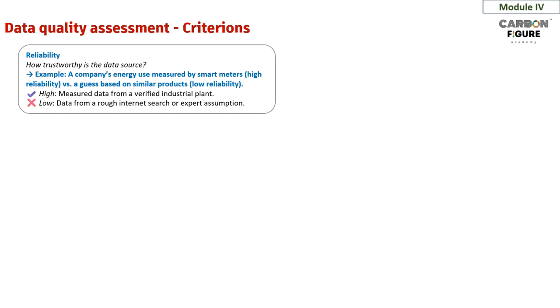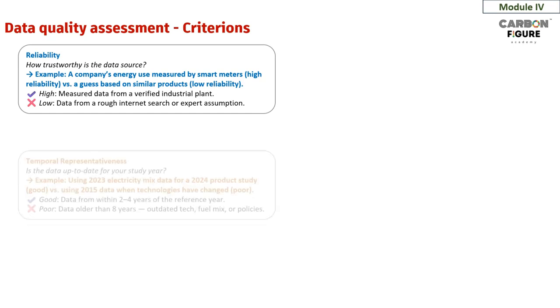For example, a company's energy use measured by smart meters, where it will be very highly reliable, versus a guess based on similar products, where the reliability reduces. So in case of a measured data from a verified industrial plant, the reliability is so high, whereas if the data comes from a rough internet search or some expert assumption, then the reliability is low.